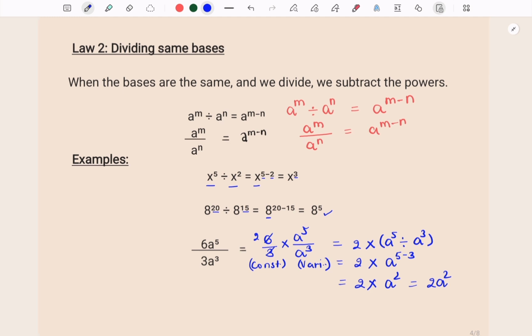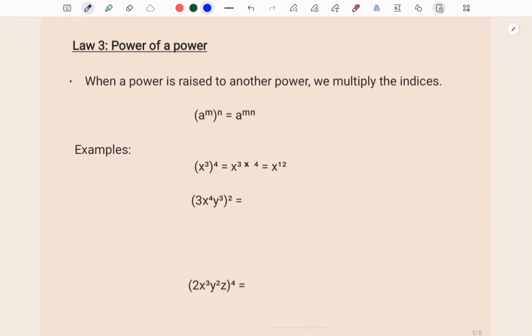Now let's move to the next law, the third law, that is quite interesting, power of a power. So it says that when a power is raised to another power, we multiply the indices. We multiply the powers. See here we have a raised to the power m.